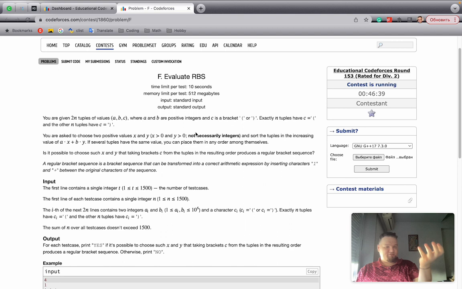So after reversing, I need to change the balances inside this segment. But the total length of the segments I will reverse is n squared. So all of that will work in n squared after I sort the events. So sorting the events is n squared log. And after that, everything is just linear in the number of events.